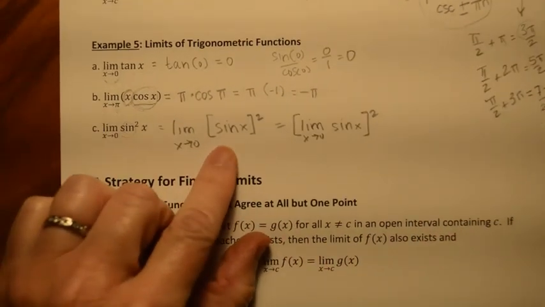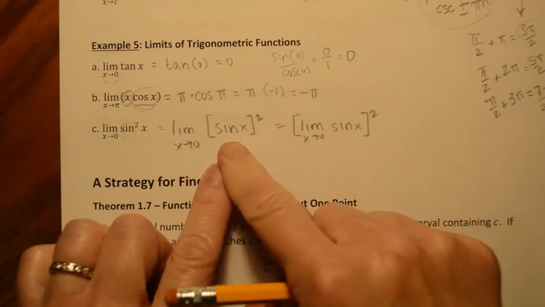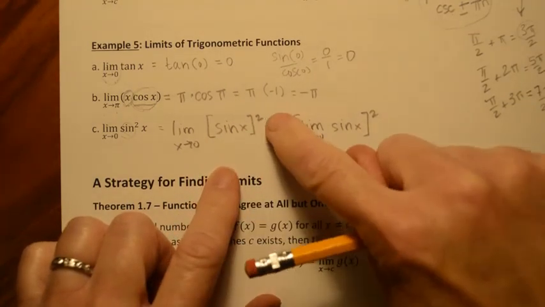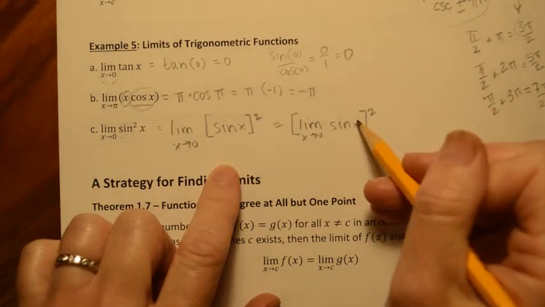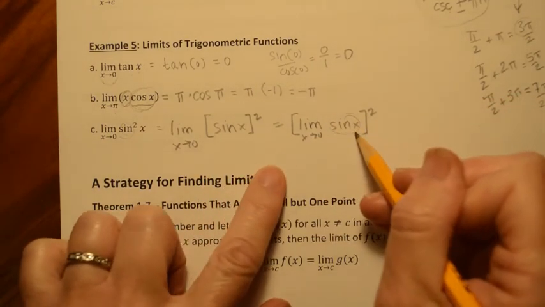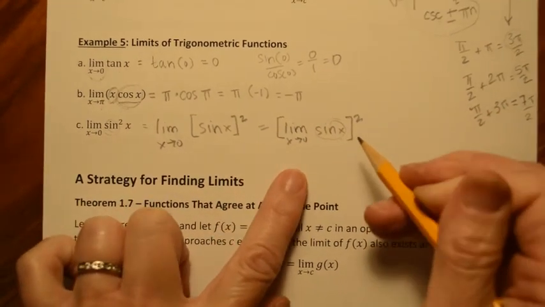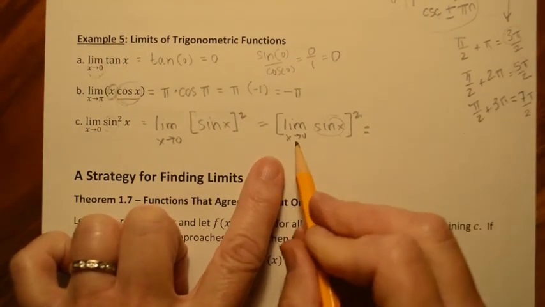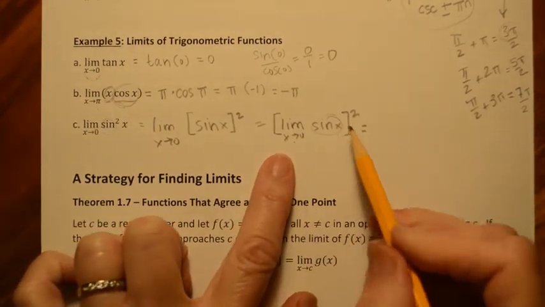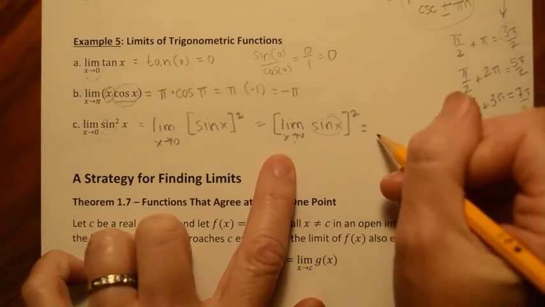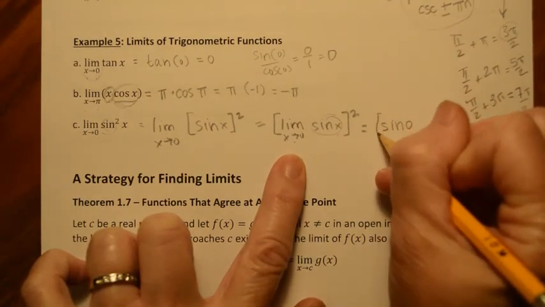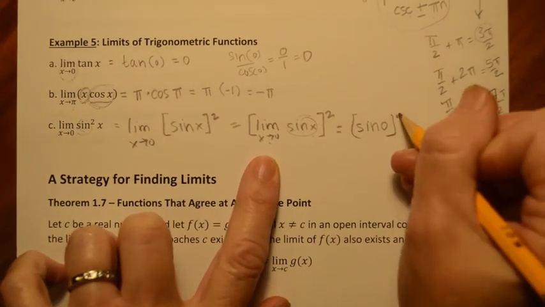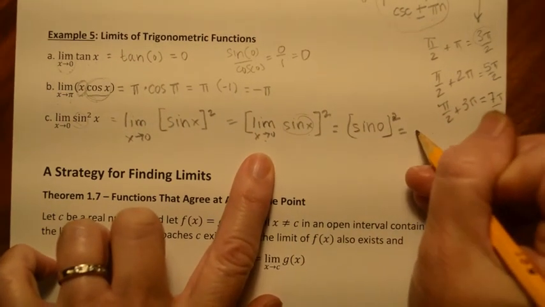This is like our composition of functions, where we have sine x as our inner function, and x squared as our outer function. So we can find the limit of the inner function and then apply the outer function. As x approaches 0, sine is equal to 0, and then we just apply the outer function, squaring 0, and so we end up with 0.